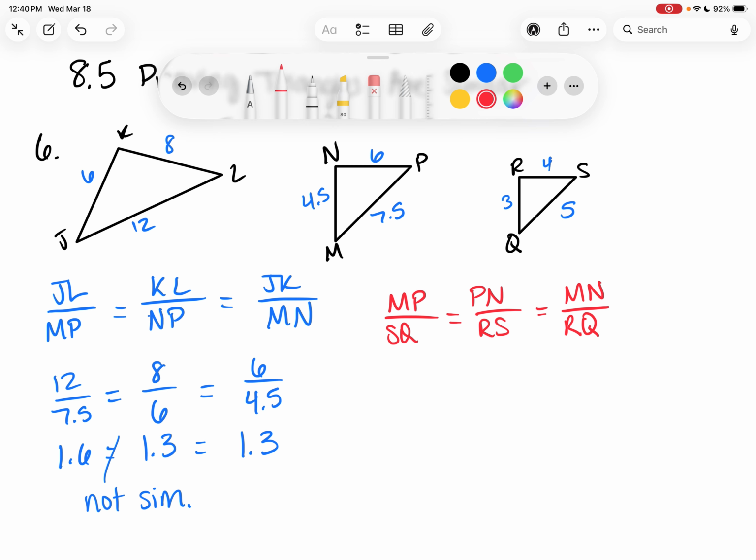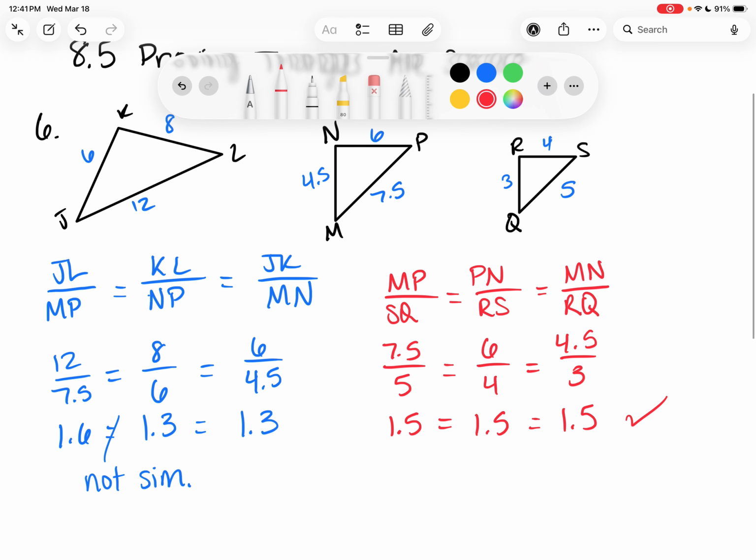So this would be 7.5 over 5 is equal to 6 over 4 is equal to 4.5 over 3. And then I would find these ones again. So this is 1.5. This one's also 1.5. And so is this one. So if these are all equal, this means that they are similar.